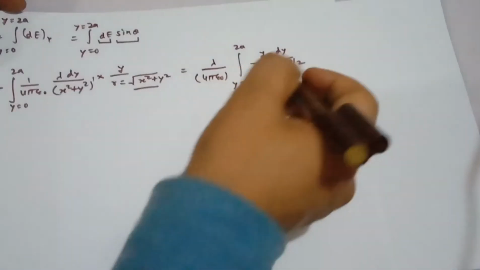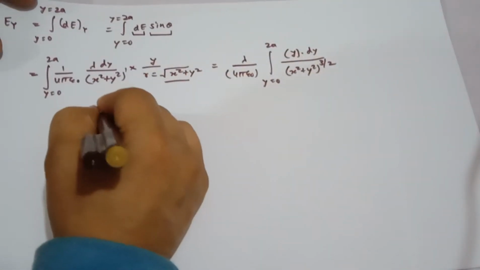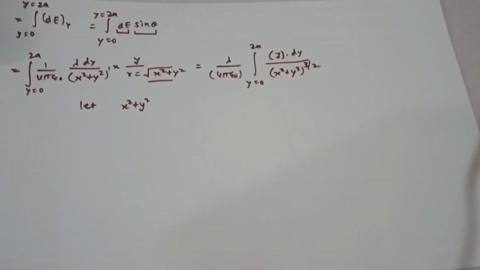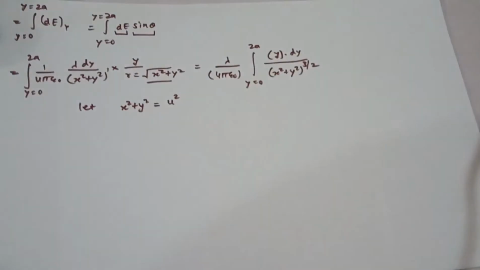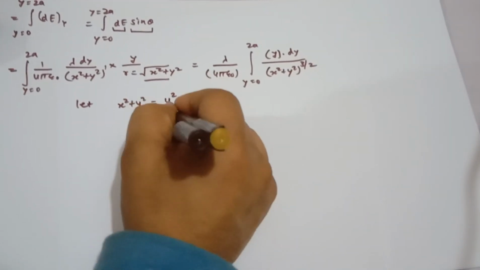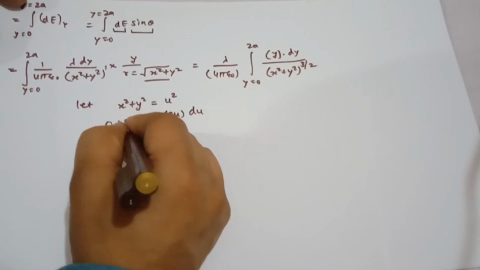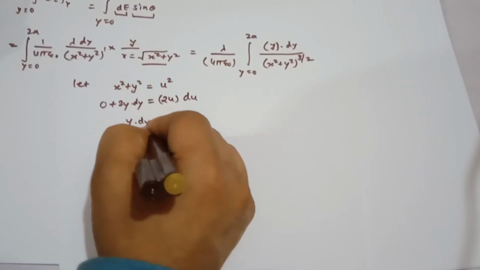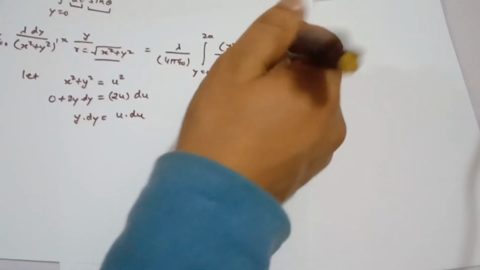So now we need to integrate this in such a fashion that y should go. Let's consider that x square plus y square here, for the sake of simplicity, is u square. We'll just differentiate it, so that is 2u into du, and because x is constant, that would be 0, 2y into dy. So it means that y into dy would be u into du. Then you can put this value here in equation 1.